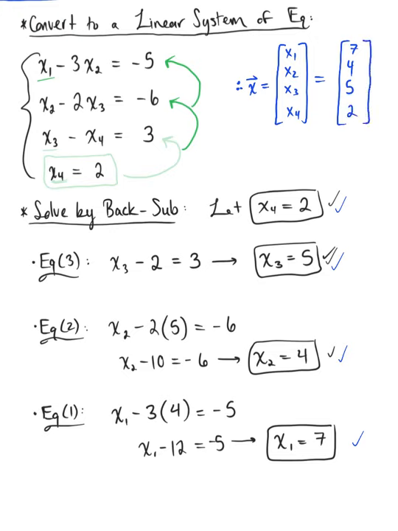And this is our beautiful final answer. And again, I encourage you to check this by plugging it back into each one of these 4 equations to make sure that we maintain equivalence.